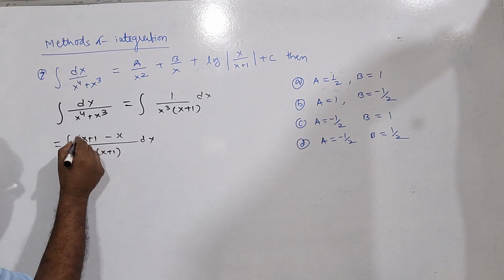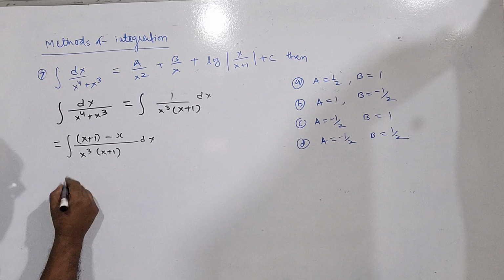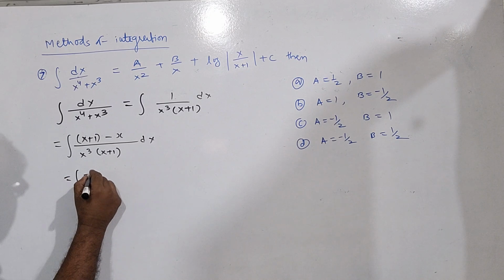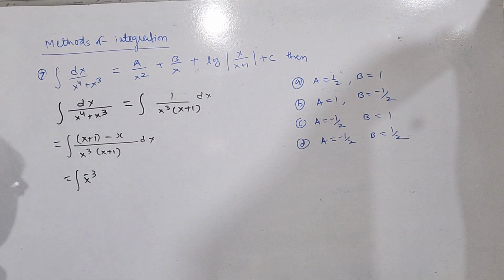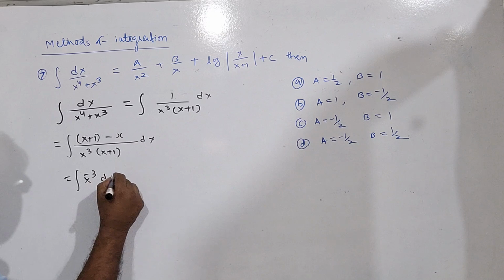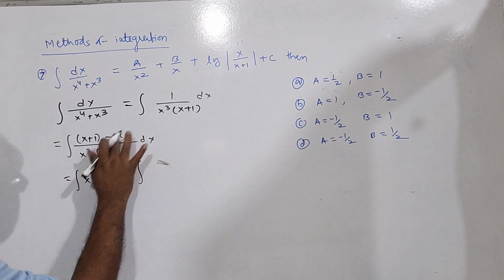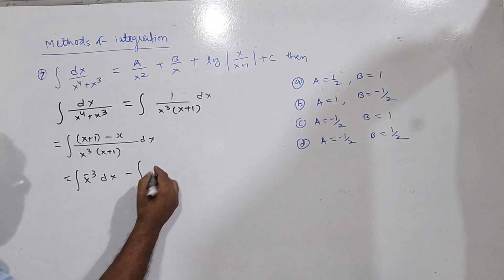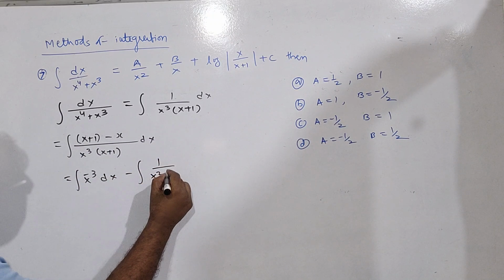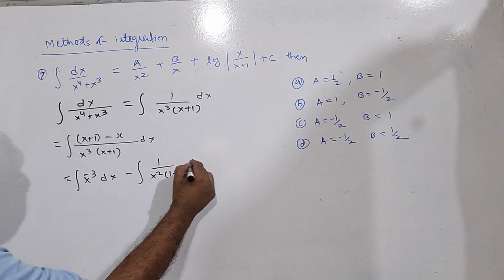So x plus 1 will get cancelled. So I can simply integrate x to the power minus 3 dx, and then this is minus of x upon x cube. x upon x cube means 1 upon x square into 1 plus x dx.